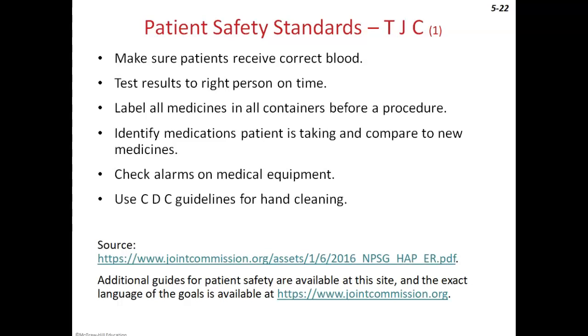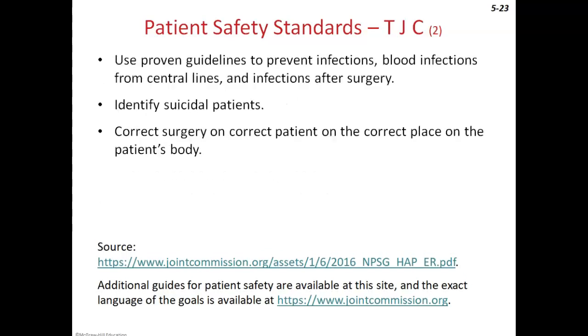Check alarms on medical equipment. Use the CDC guidelines for hand cleaning. Use proven guidelines to prevent infections, blood infections from central lines, and infections after surgery. Always identify suicidal patients. And make sure the correct surgery on the correct patient on the correct place on the patient's body is done.